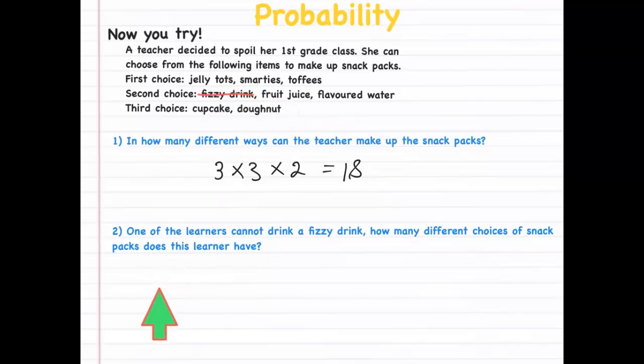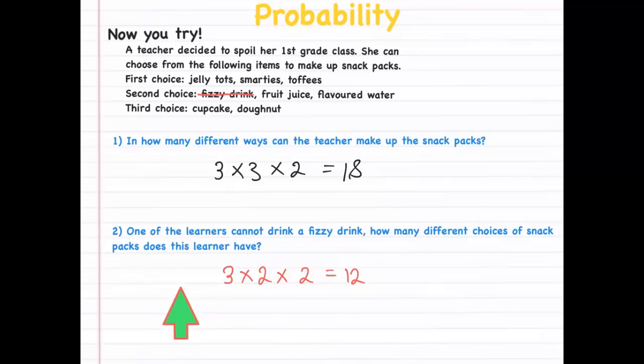So basically that's still 3 times. And then in the second choice, there's no more choice of fizzy drink. So it will be either fruit juice or flavored water, which will give her 2 choices. And then the third one will remain a cupcake or a donut, which is 2 options. So again, times 2. And this equals 12.